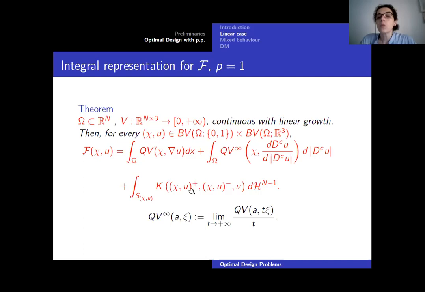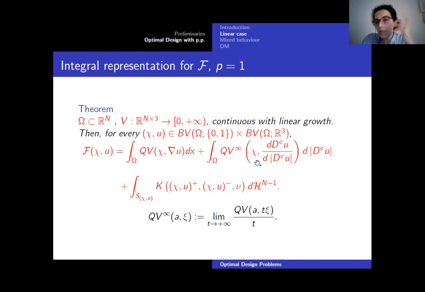and this is the half Lebesgue limit, let's say, in the set where this vector of components chi and u jumps, has different values, and chi u minus is the other according to the given normal nu, which essentially does not mean that the components of the field chi u plus are always 1 and u, but they depend on the choice that we take for the normal, and so I'm using this notation for the sake of brevity.